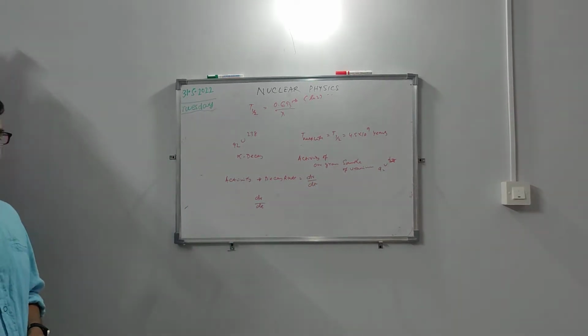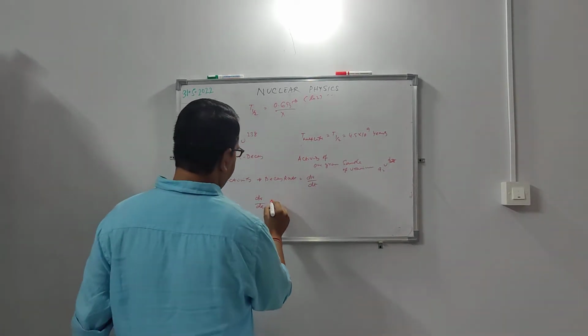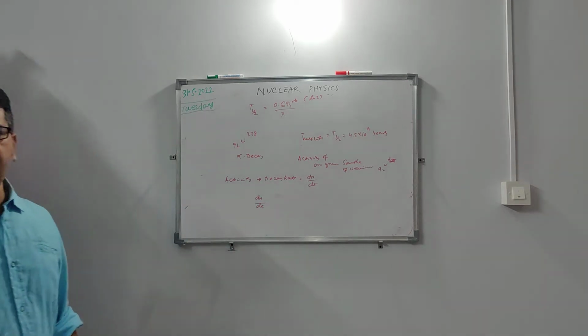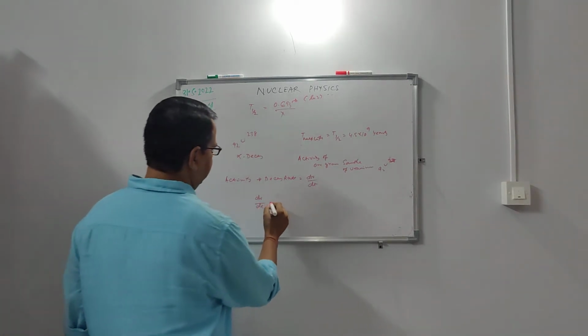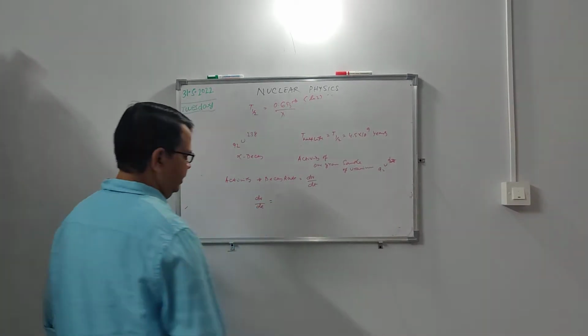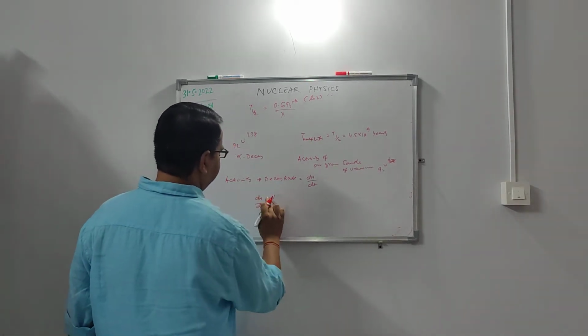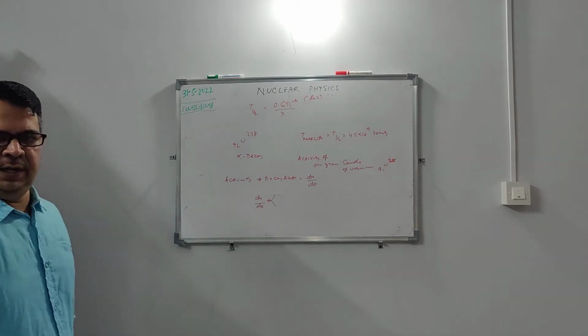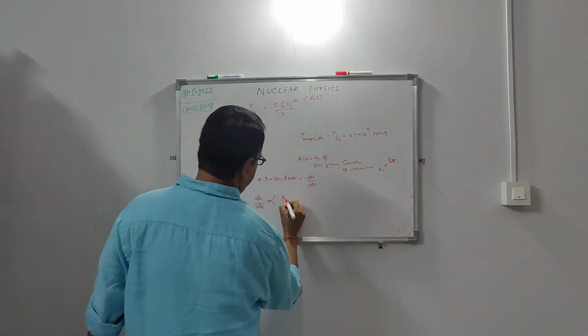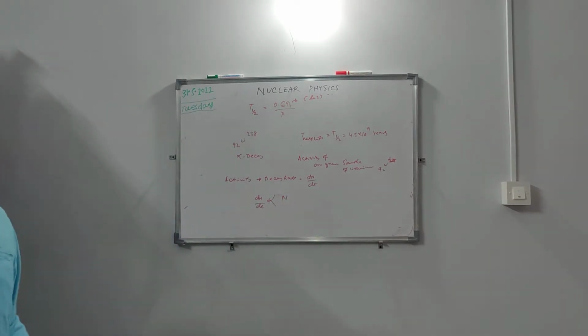We have earlier said dN by dt is directly proportional to N, the number of atoms present.